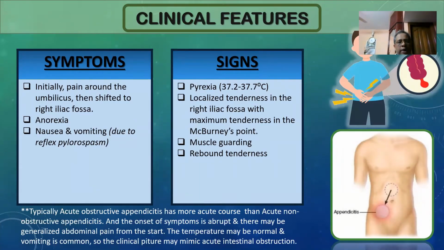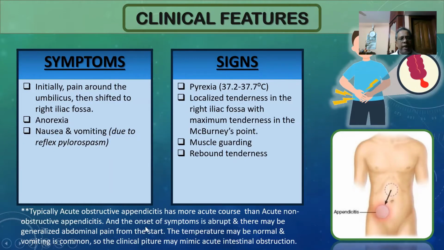Typically, acute obstructive appendicitis has a more acute course than acute non-obstructive appendicitis, and the onset of symptoms is abrupt. Be careful about it. Whenever a fecolite enters the base of the appendix and passes the more constricted part under pressure, the patient feels pain; for that reason the onset is abrupt.